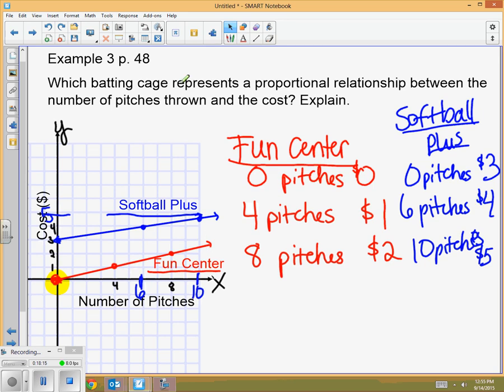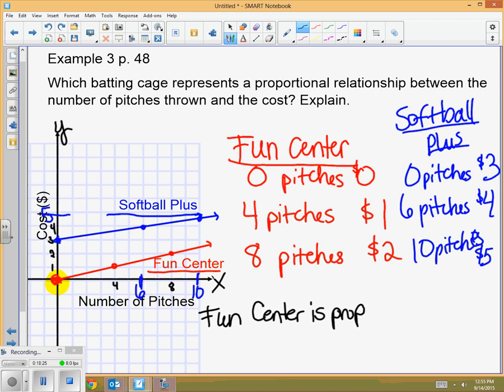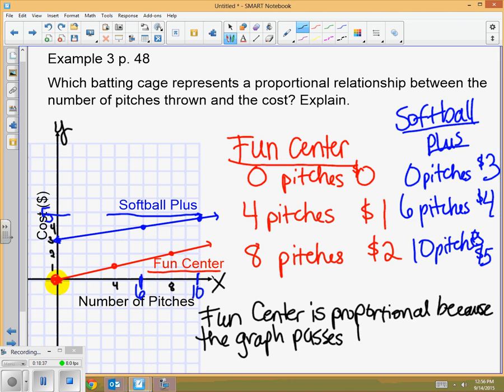Since it asks us to explain, I need to write that out in a sentence. My explanation will be: Fun Center is proportional because the graph passes through the origin.